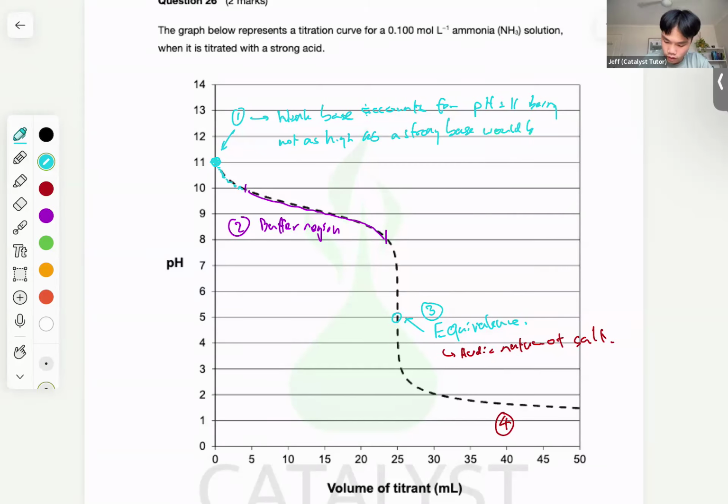And the reason is because the base only dissociates partially. In this case, NH3 will react with water.